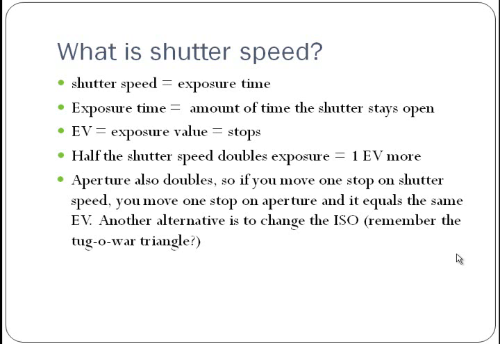So you have the same good or best histogram. I'm hopefully making a little bit of sense. It's very complicated, but another alternative is to change the ISO. So you remember that tug-of-war triangle? I'm trying to reinforce that a little bit more here.